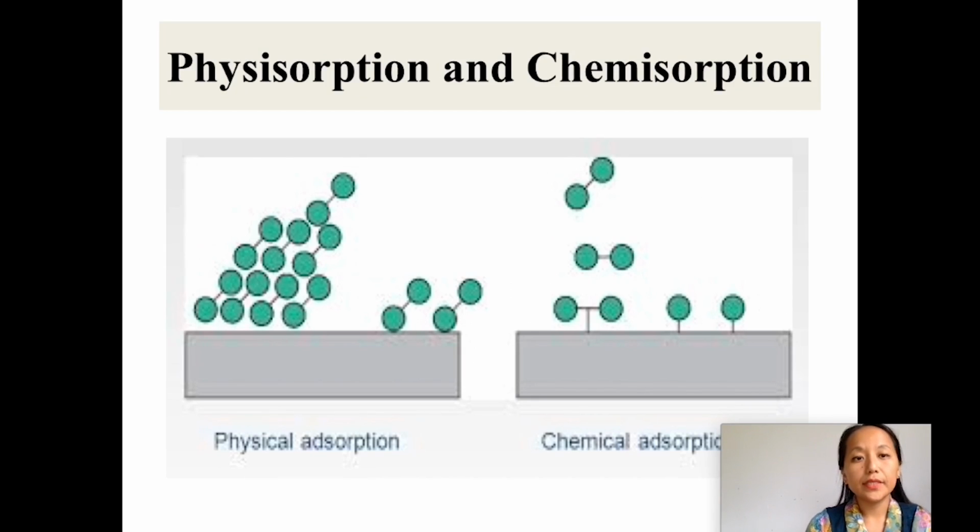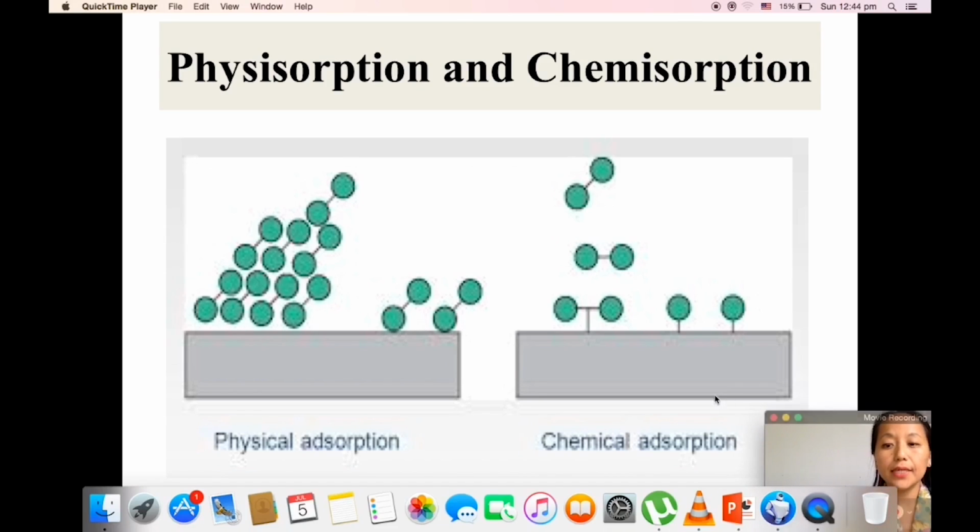Now here, this picture depicts the interaction between the adsorbate and the adsorbent. In the case of physical adsorption, it is merely due to the van der Waals forces of attraction between the adsorbate and the adsorbent. Whereas in the case of chemical adsorption, you can see that a bond is being formed between the adsorbate and the adsorbent.